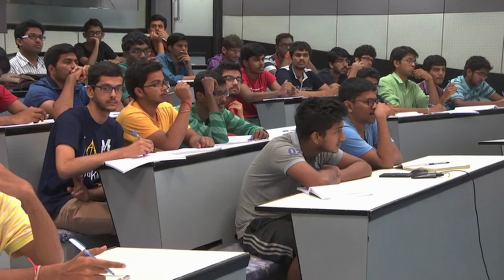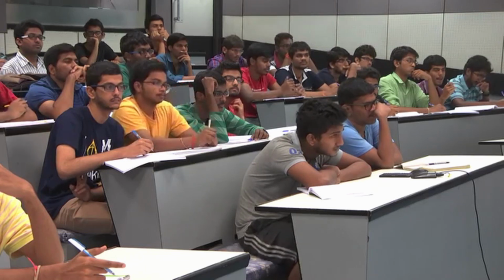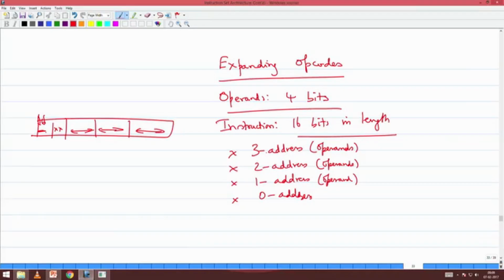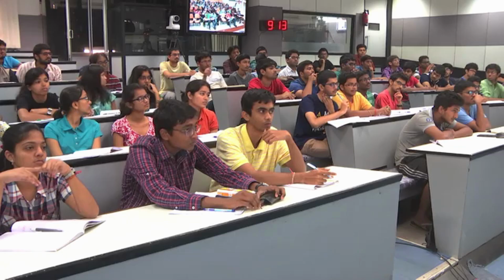If I want instructions with 3 address operands, then 12 bits are used for that addressing. Of the remaining 4 bits, 2 bits will always be used to indicate how many operands there are, 0, 1, 2. So I will have 2 more operand bits remaining. By that I could have 4 instructions, if the opcode is 4 zeros.